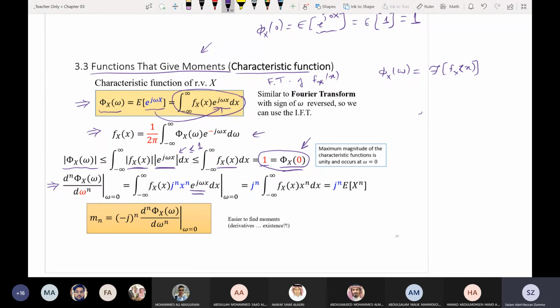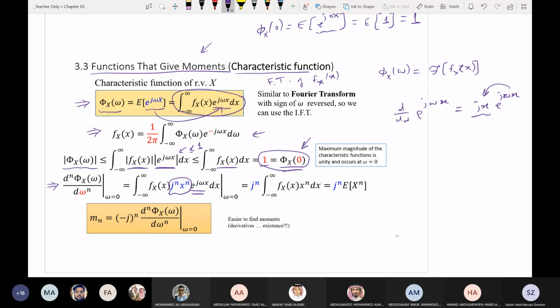Every time we differentiate e to j omega x with respect to omega, we get jx times e to the power j omega x. So every time we differentiate, we get jx. Differentiating n times, how many jx do we get? Not n times jx, it will be j to the n, x to the n, because every time you differentiate, you get a new jx.